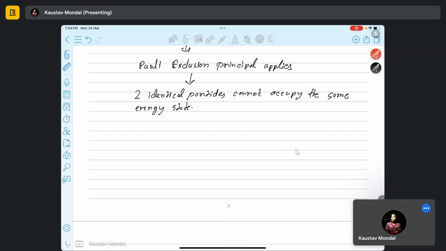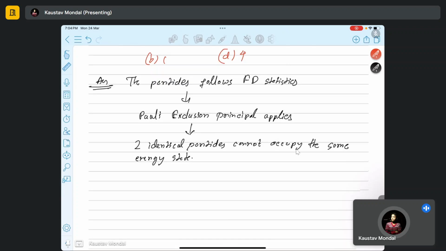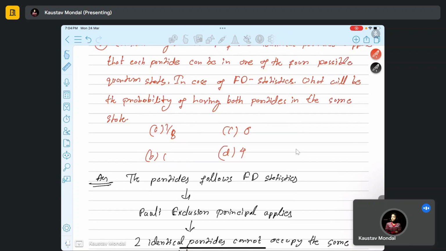So here, according to the problem, there are 4 energy states, having equal value of energy, 4 possible quantum states with different energies, right? So the probability of having both the particles in the same state will be simply 0, right?